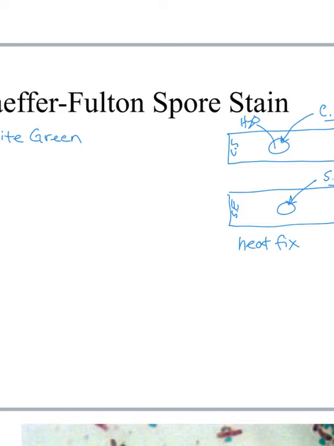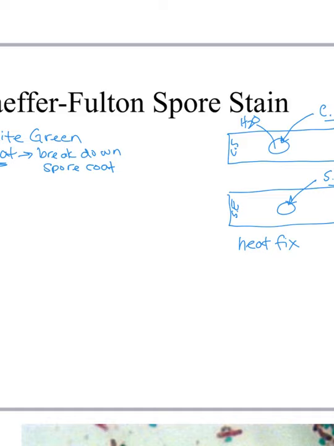What's special about the Schaeffer-Fulton spore stain procedure is that we are going to apply heat to the cells with the Malachite Green on them in order to really hammer that stain into the spore coat. Okay, so the heat is necessary, again, to break down the spore coat a little bit.